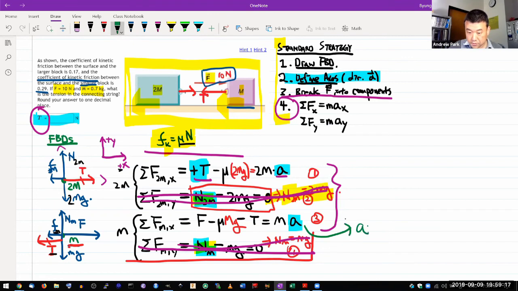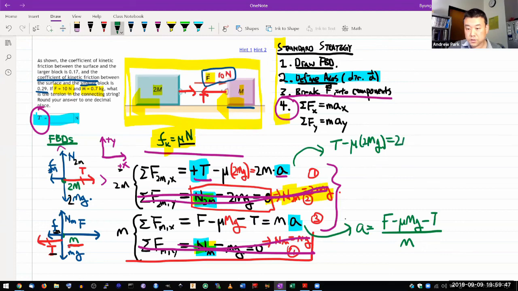Solving this for A, I just divide the whole thing by m. So A is F minus mu mg minus tension, divided by big mass M. I plug that into equation 1, and doing that gets me this expression: tension minus mu 2mg is equal to 2m times F minus mu mg minus tension, divided by m.